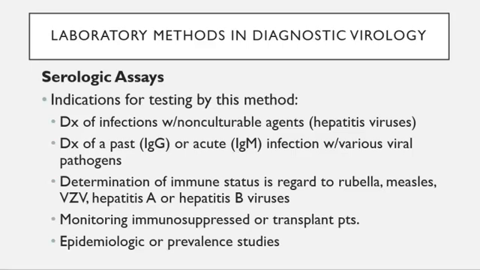You can do diagnosis of past IgG or acute IgM infections with various viral pathogens. The determination of immune status in regards to rubella, measles, VZV, hepatitis A or hepatitis B viruses. You can do monitoring of immunosuppressed or transplant patients. Serologic assays also allow for epidemiologic or prevalence studies.